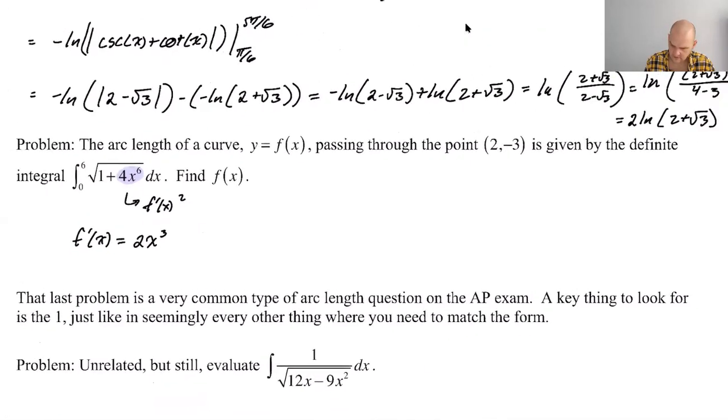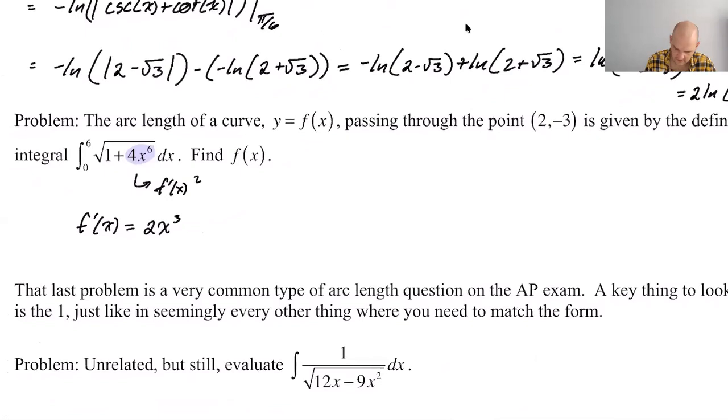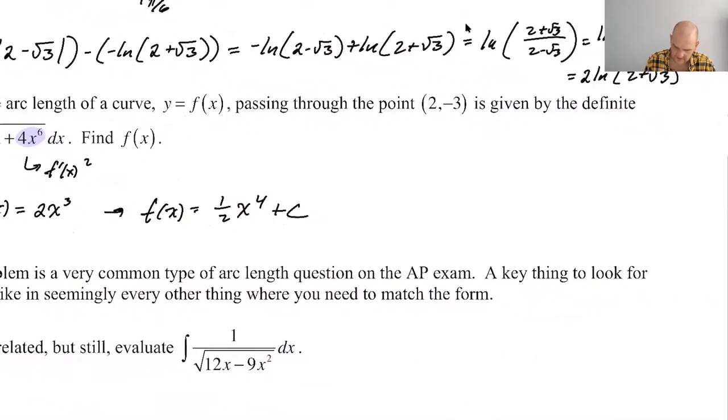Passing through, what are we doing? All right, so then f of x should be 1/2 x to the 4th plus c. And then using this, we would get that negative 3 equals 1/2 of 2 to the 4th, which is 16, times 1/2 is 8, plus c. So c is negative 11.